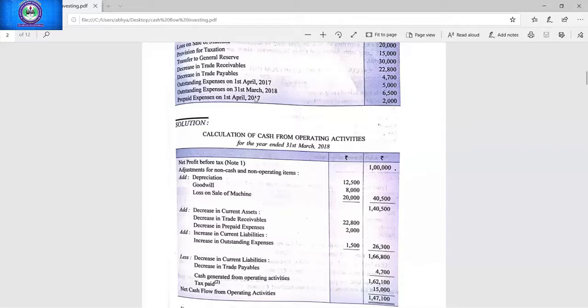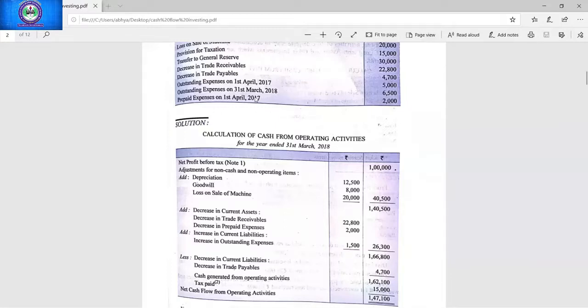Am I clear now? In outstanding expenses, you can see that both the balances are given, opening and closing. But if with reference to any expense only one balance is given, then that balance will be the main balance, and the other balance we will take as 0. It may happen that the closing balance is given, but not the opening balance. In that case, we may assume opening as 0. But here opening is given, but not the closing.